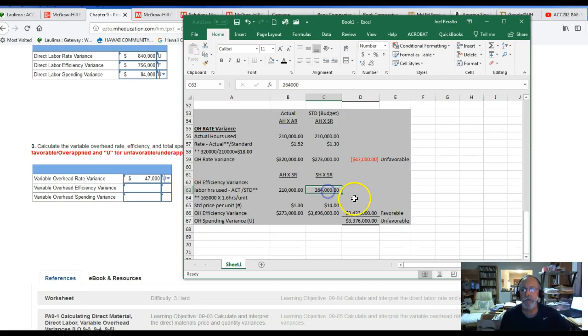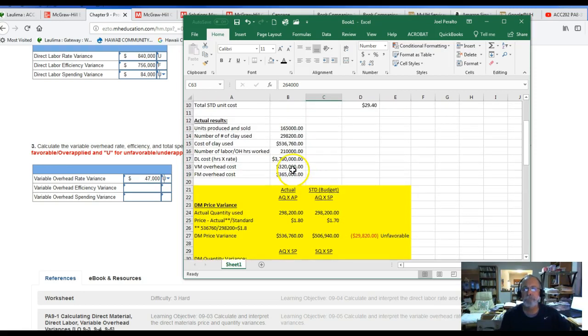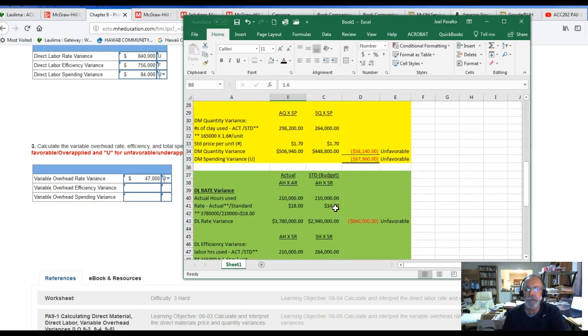So our standard hours would be based on production and overhead rate. Production was 165 and the overhead rate was 160.